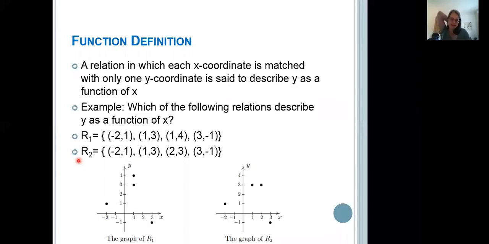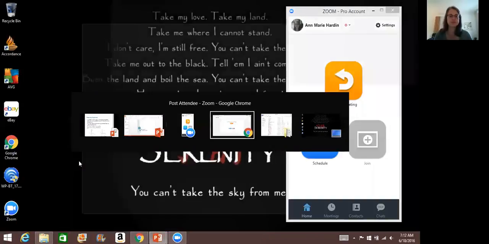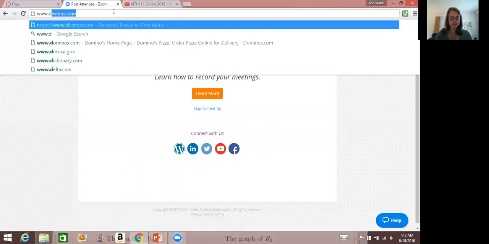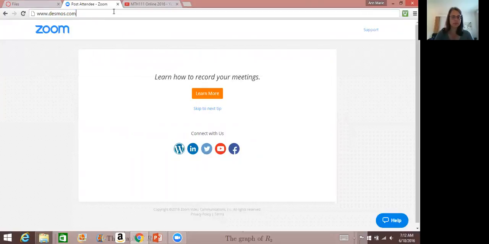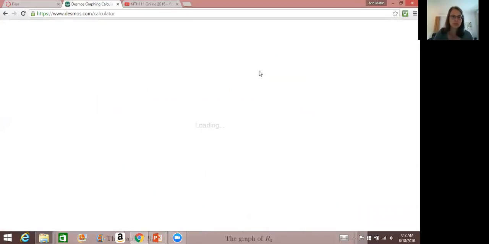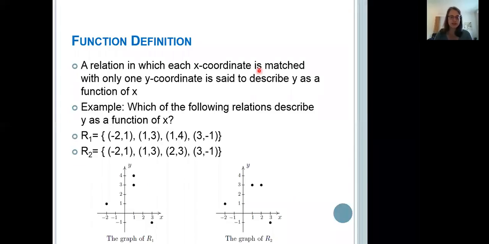One way that we talk about checking this is visually with something called the vertical line test. I'm going to go out to Desmos for a minute and graph our two relations really quick.